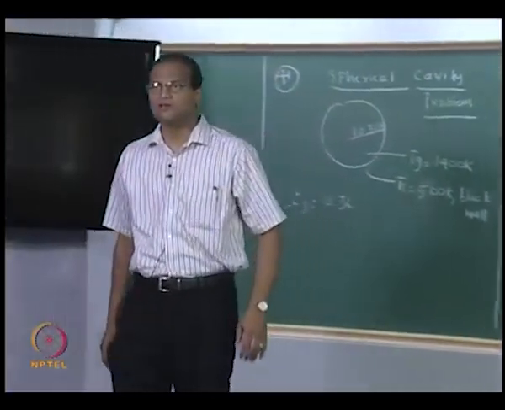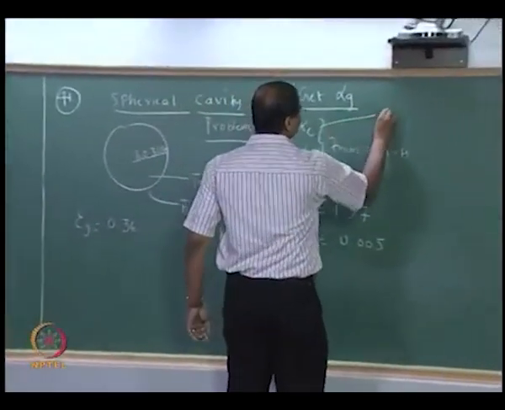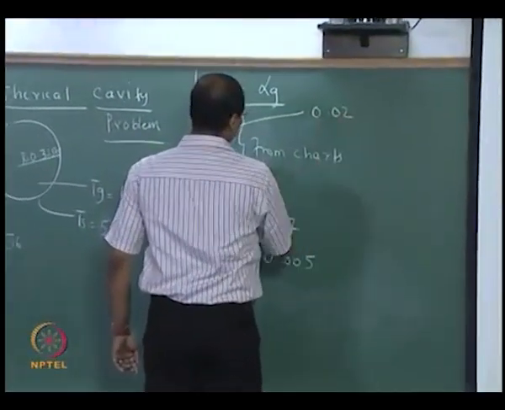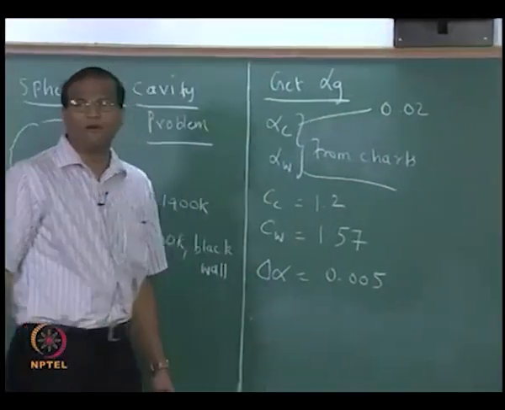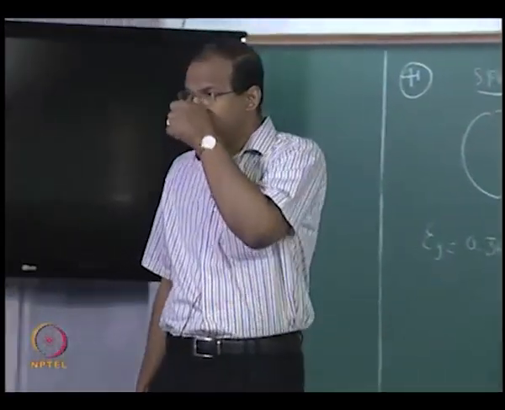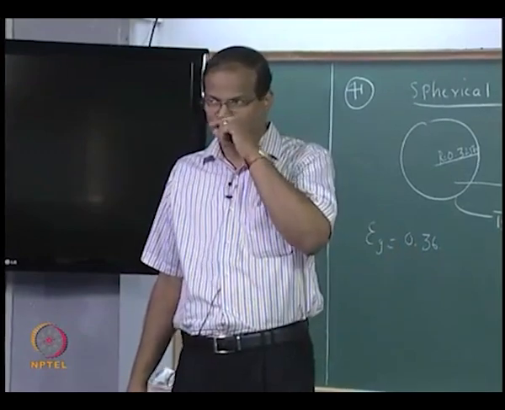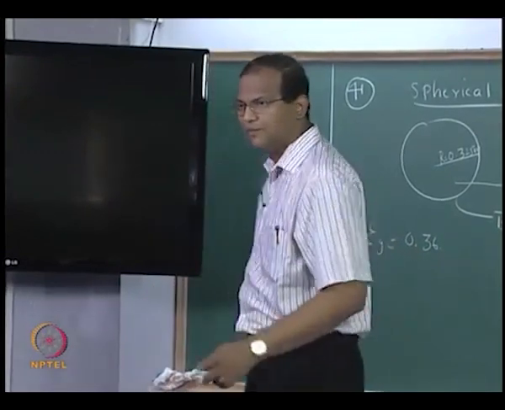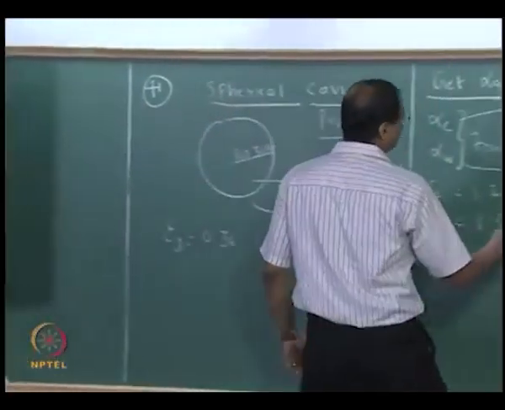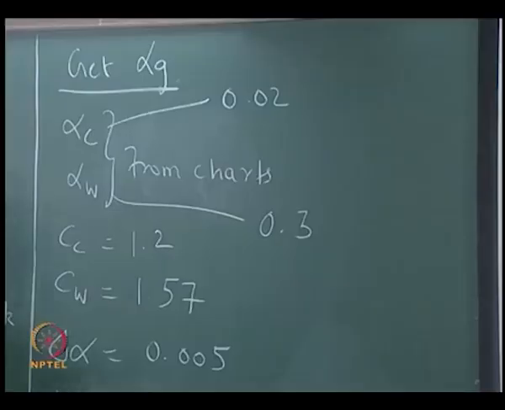From charts, what are the values? 0.02. Alpha whatever should be high. I expect it to be 0.3, I expect it to be high. Vikram, I don't want the post process values. We are doing step by step.